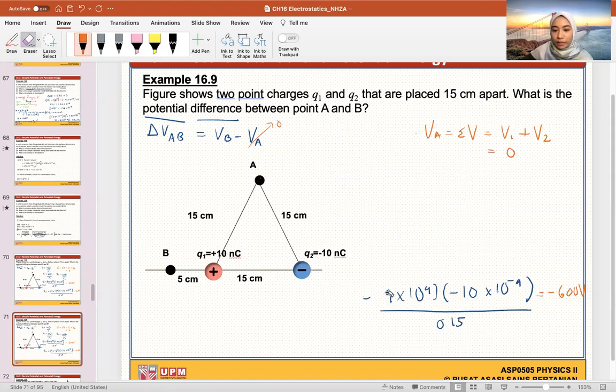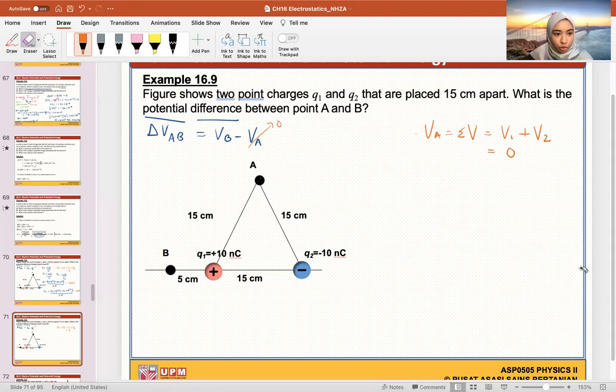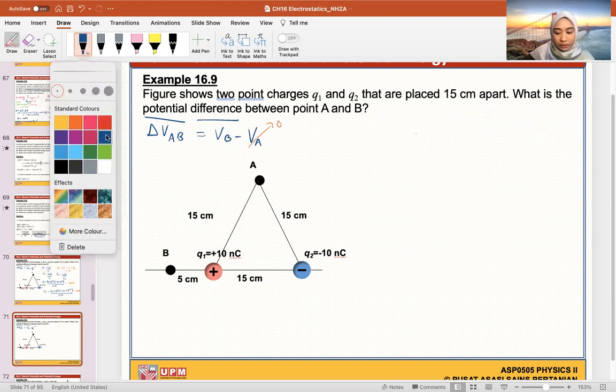So how do I find VB? Just now I showed the example of VA and it was very easy. How do I find VB? Anyone wants to try? Remember that potential is a sum of scalar quantities. What do I have to add to get VB?